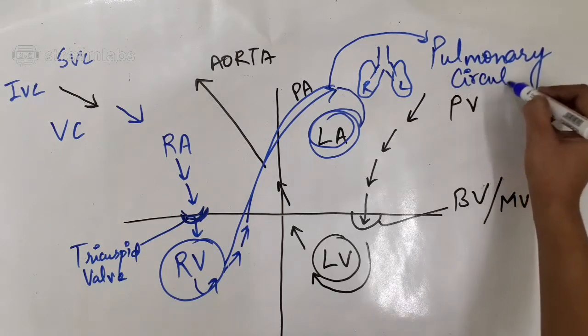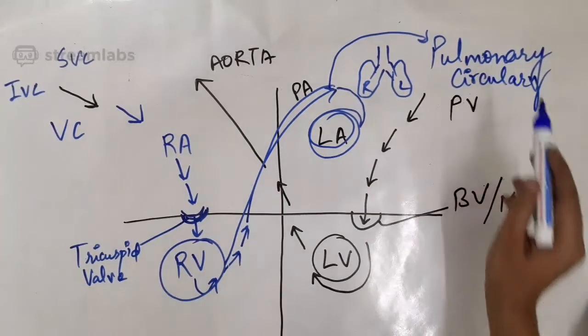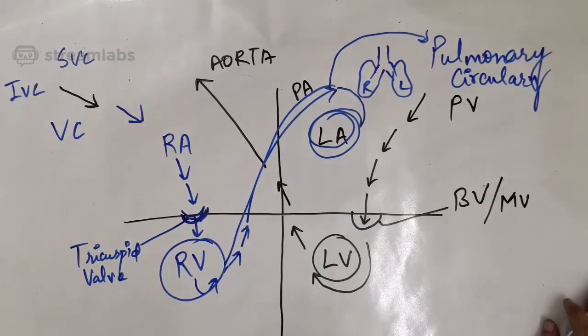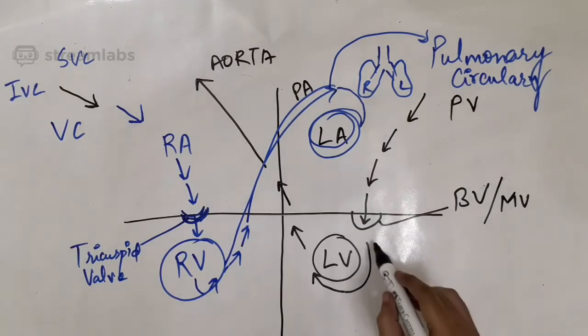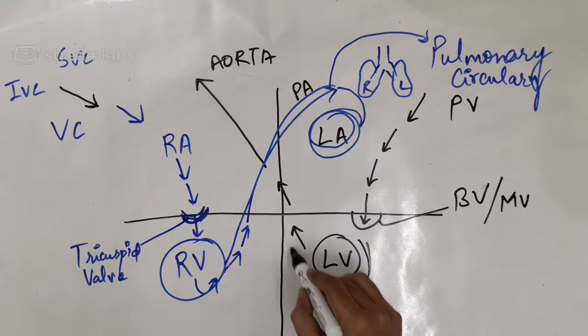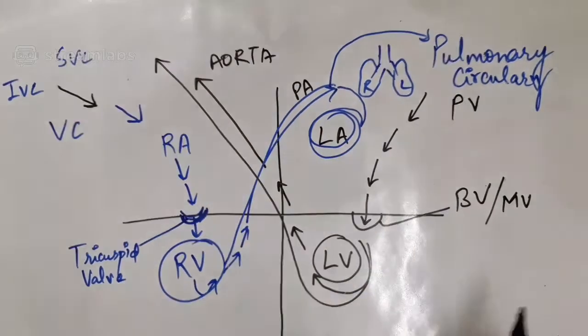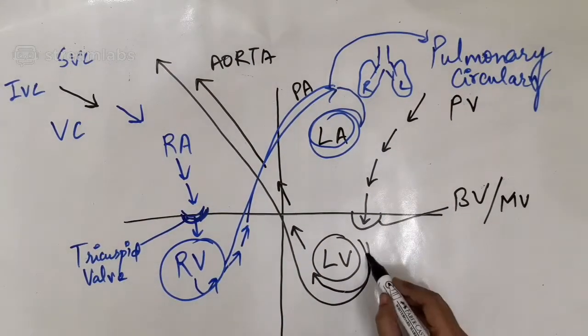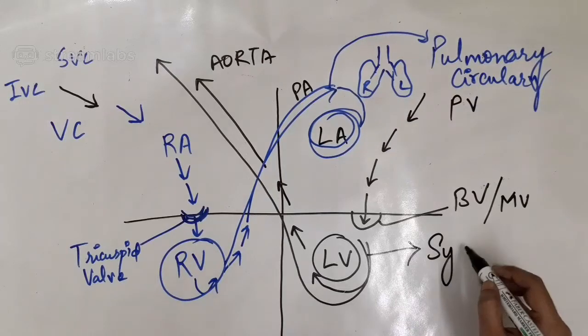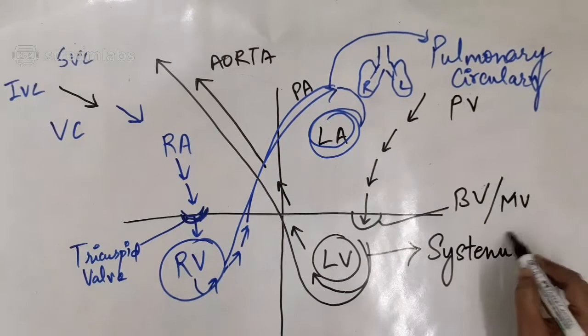Pulmonary says something about the lungs. And the blood going from left ventricle to different organs of the body is termed as systemic circulation.